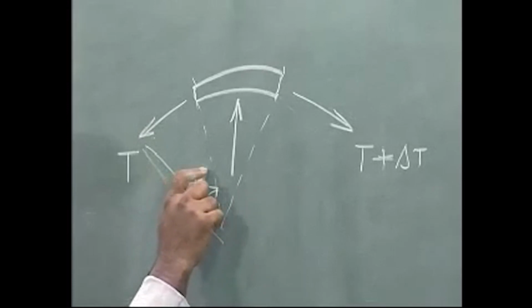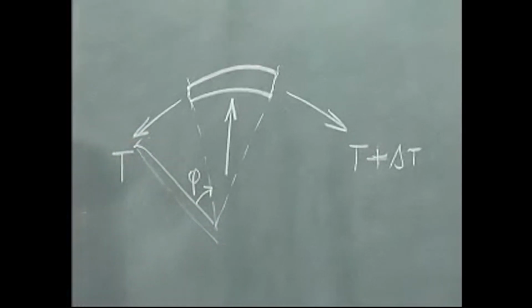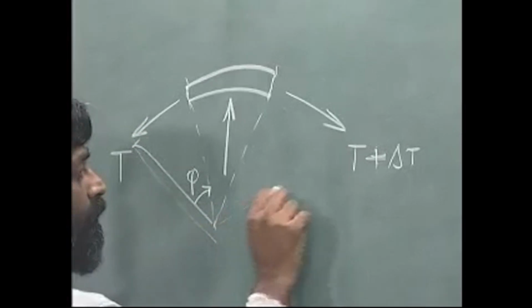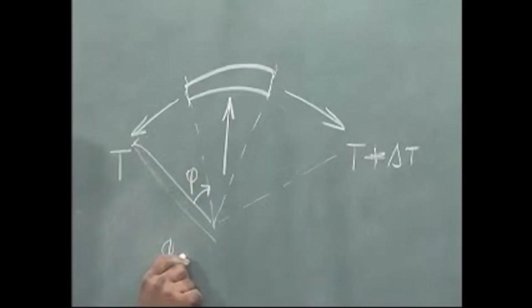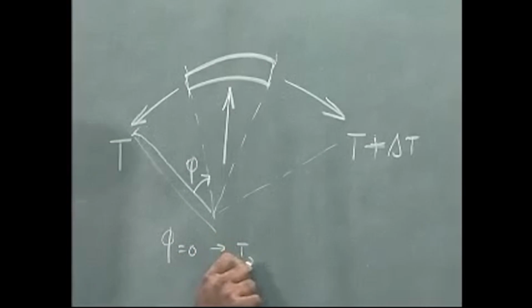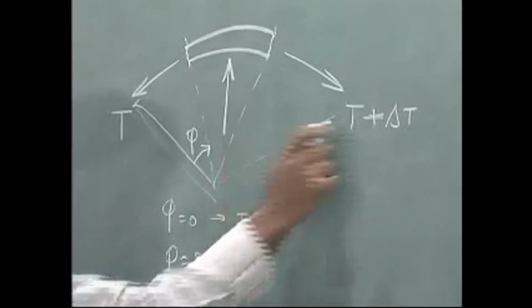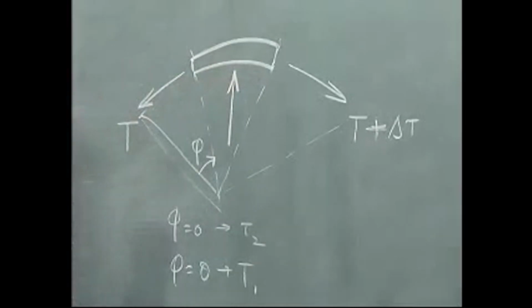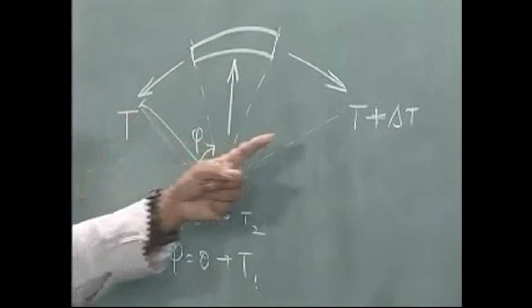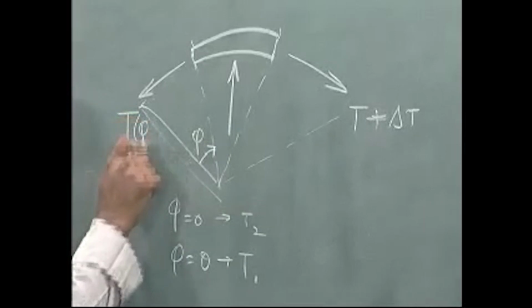an angle phi from where the tension is equal to T2. Phi will vary from 0 when it is T2 to phi equal to theta when it is T1, okay, and I need to find out equilibrium of a portion which is in between, alright. So there will be a T plus delta T, so I am going to call this T at phi.